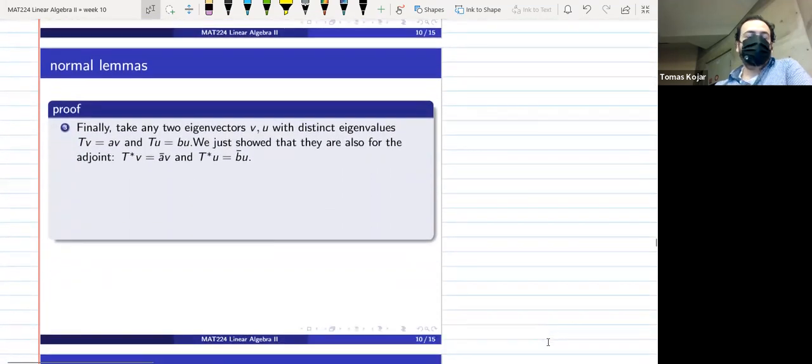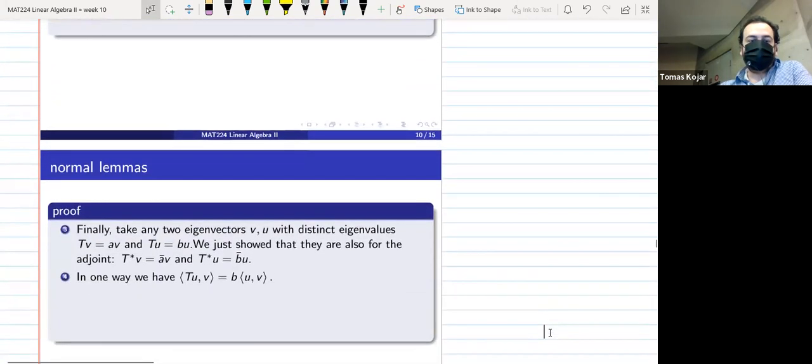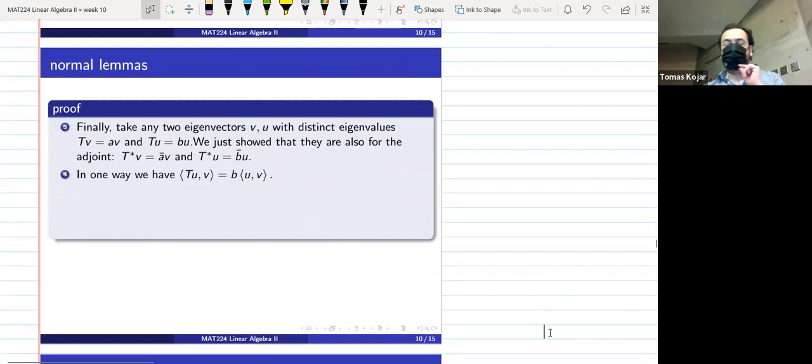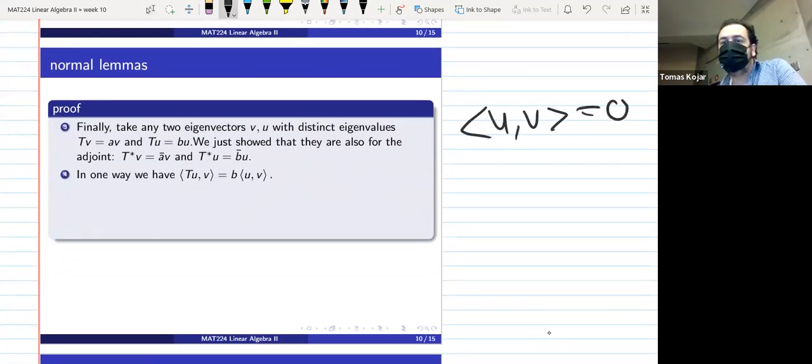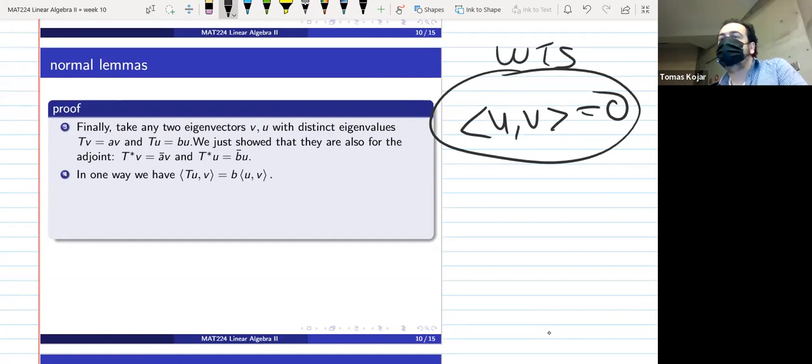We just showed that they are also eigenvectors of T star, but with a different eigenvalue, the conjugate. All right, so let's do it. Again, let me remind you, we want to show that <u, v> is zero. That's what we want to show.